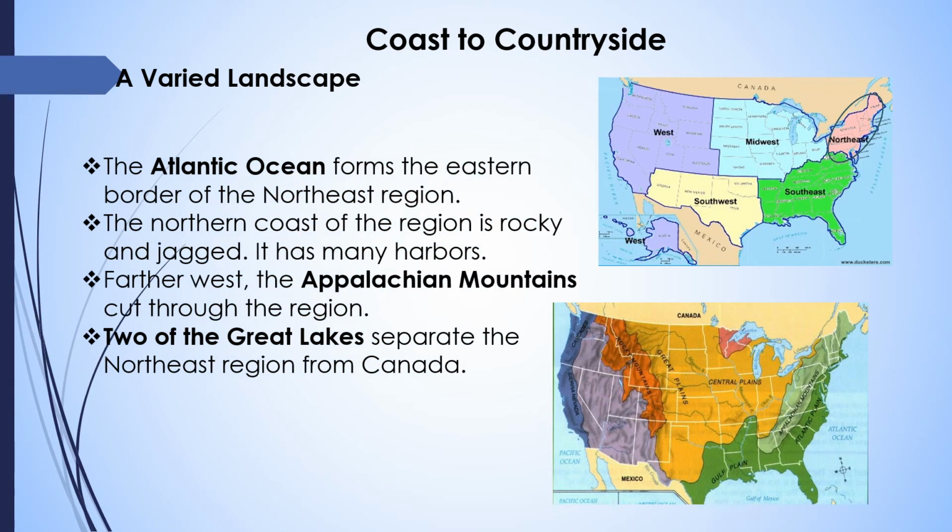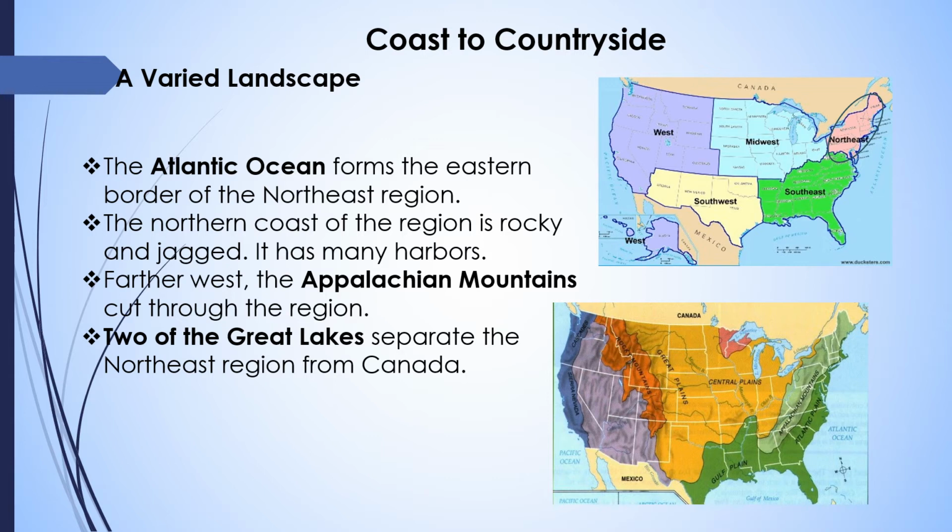Let's start with the Atlantic Ocean, which you can find here next to the Northeast. The Atlantic Ocean forms the eastern border of the Northeast region. The northern part of the region is rocky and jagged, and it has many harbors. Again, a harbor is a protected area of water where boats can dock safely.